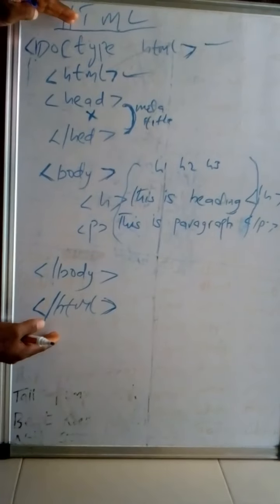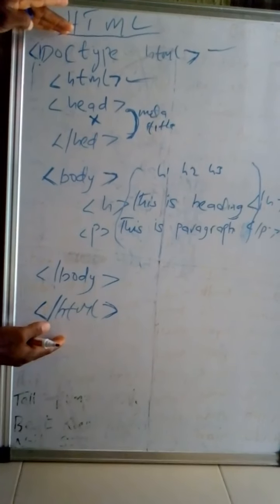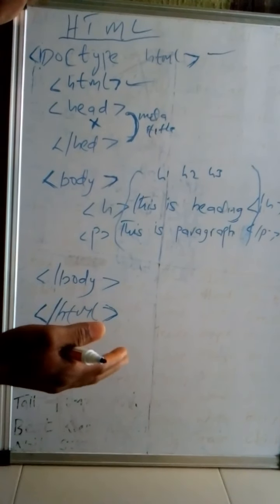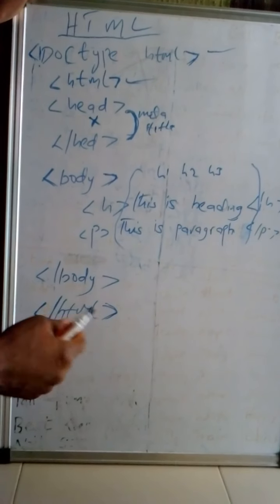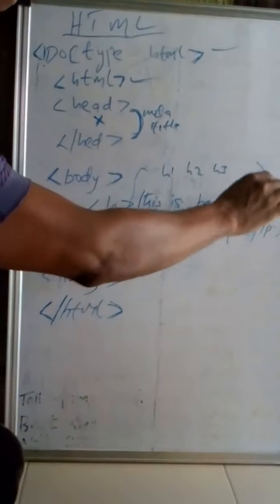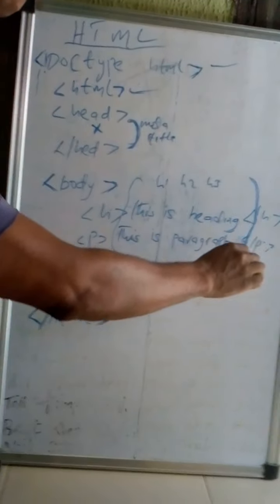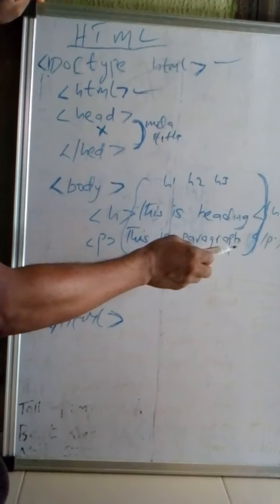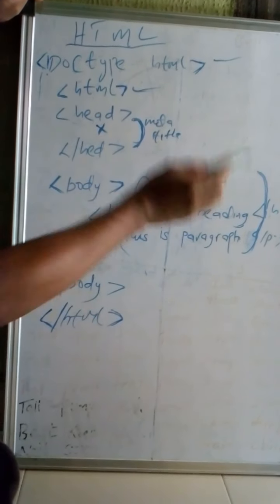Now if you run this code in your system, in your browser, let's say your Firefox browser or your Chrome browser, you will see this is the heading, this is the paragraph, this is what is going to appear.